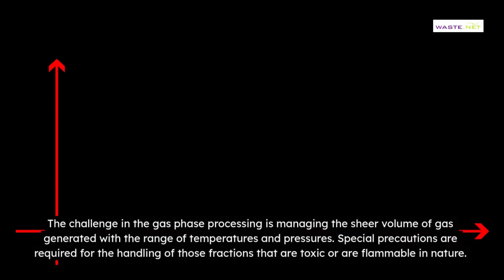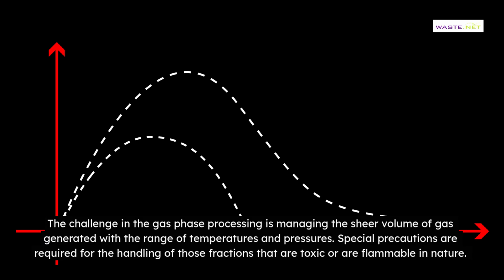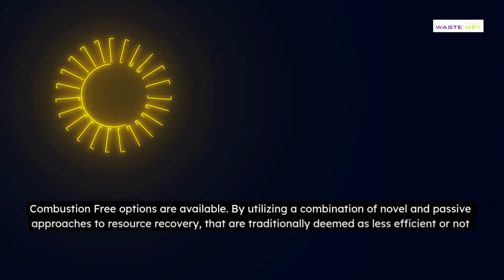The challenge in the gas phase processing is managing the sheer volume of gas generated with the range of temperatures and pressures. Special precautions are required for the handling of those fractions that are toxic or are flammable in nature. Combustion-free options are available.